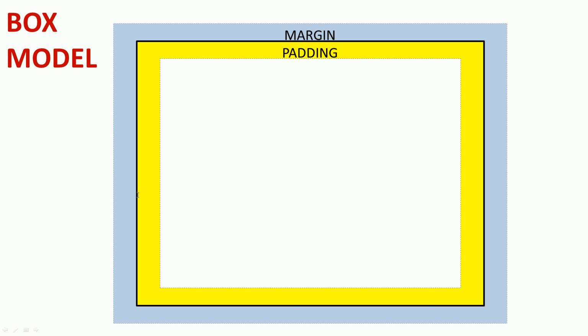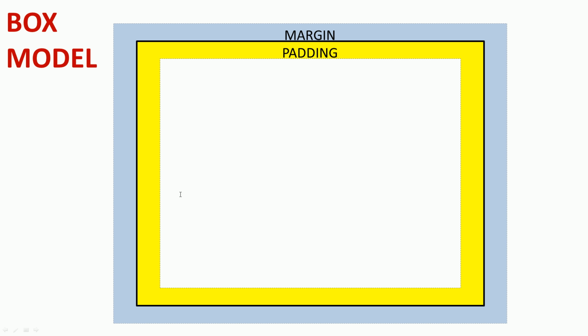I then have the border. Now if you remember, I had a border of 1 pixel. Therefore, this has now added 1 pixel here to the width of my div. 900 pixels, then 10 pixels for padding, and then 1 pixel for the border. And then I had a margin, and the margin itself adds to the size of the box model.